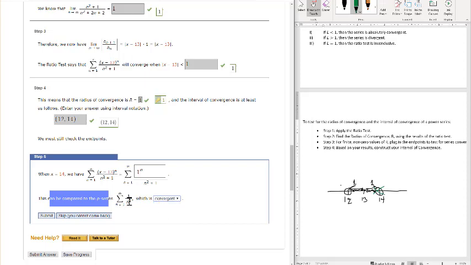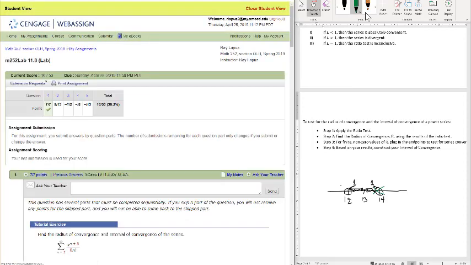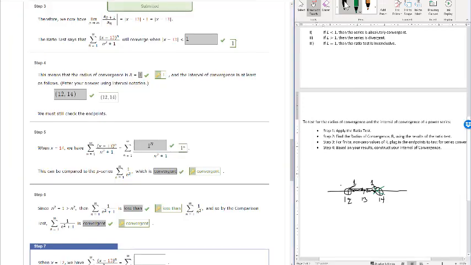We know that a p-series where the power is bigger than 1 is going to converge. So n squared plus 1 is bigger than n squared, which means the reciprocal will be less than. And so by the comparison test, this will also converge. So we know our interval will include 14.